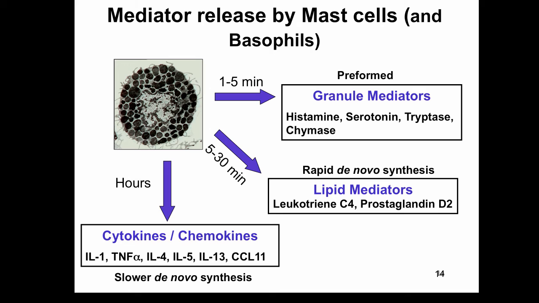Still later, hours later, because this requires gene transcription, translation, and protein secretion, mast cells also are a source of cytokines and chemokines that are secreted into the extracellular space that will help to amplify the allergic response and recruit other cells and act on the local endothelium to cause vasodilation.